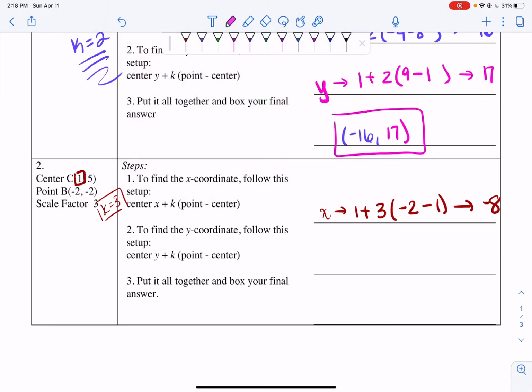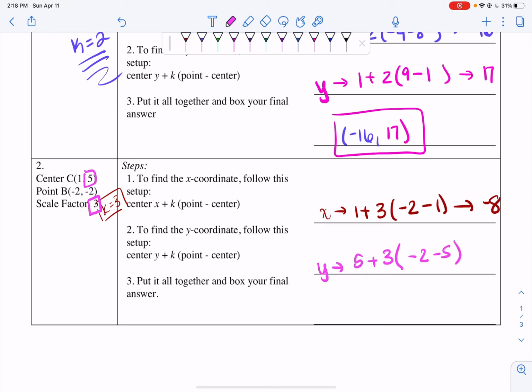Now we're going to do our y value. So we're going to find a new y value. So we ask ourselves what our center y is. Well, our center y is 5. So we have 5 plus our scale factor of 3 times our point, so -2 minus 5.